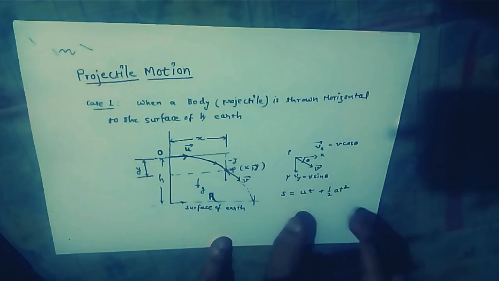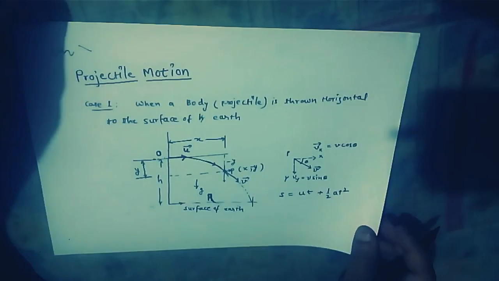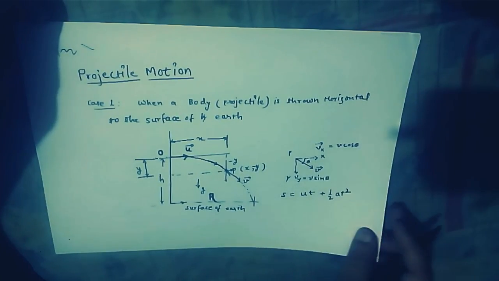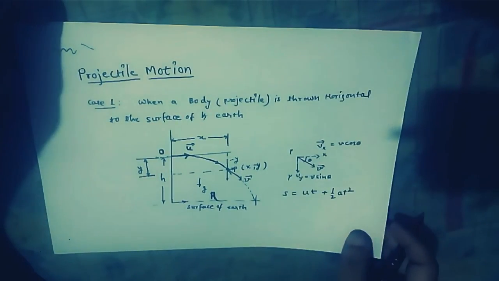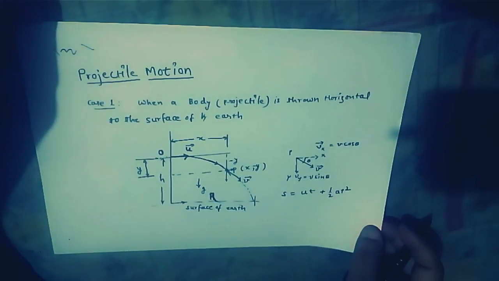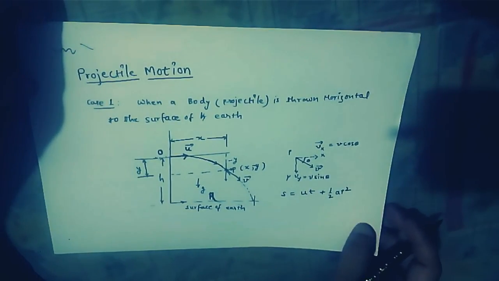So when we find the motion of the projectile along the x-axis and y-axis, we will have the proper distance for each axis.